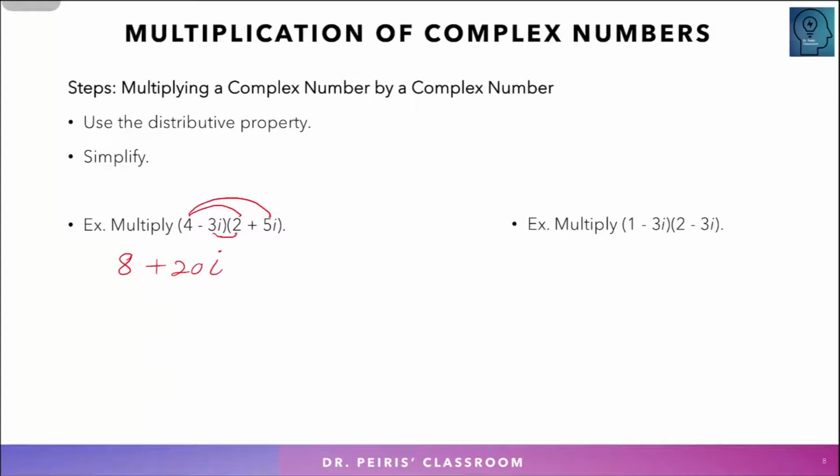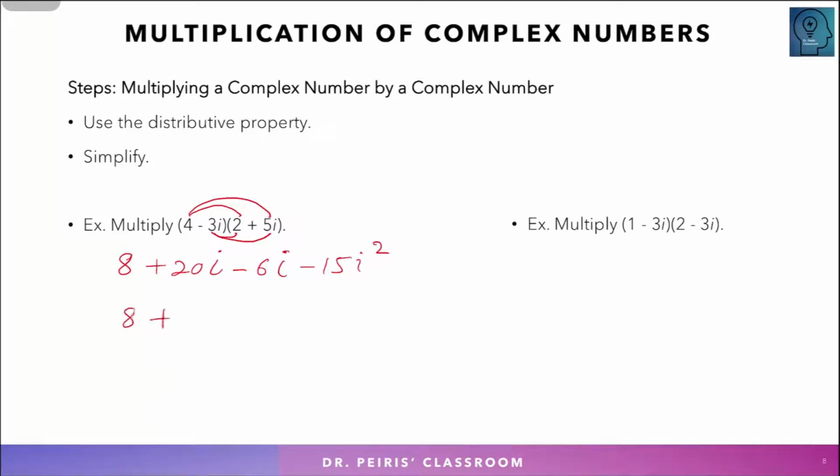So negative 3i times 2 is negative 6i, and then negative 3i times 5i is negative 15i squared. Make sure that you put the signs properly, as well as when you have i times i, it becomes i squared. And then you're going to combine like terms.